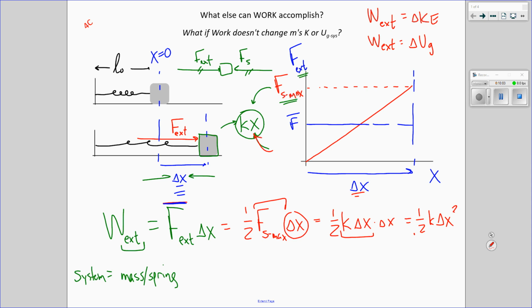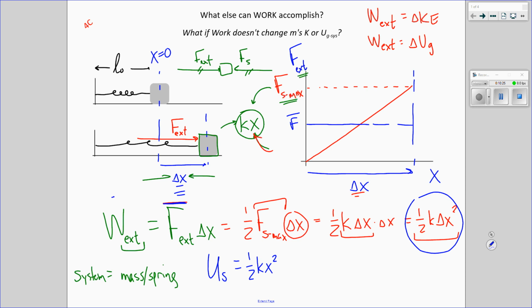Now my people recognize that. What is that? Well, we have this quantity we've developed: the potential energy stored in a spring is 1/2 kx squared. So this is a change in the spring's potential energy.